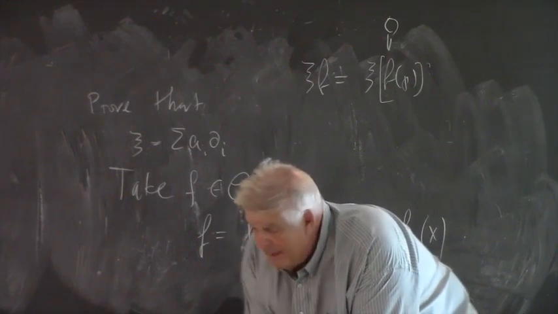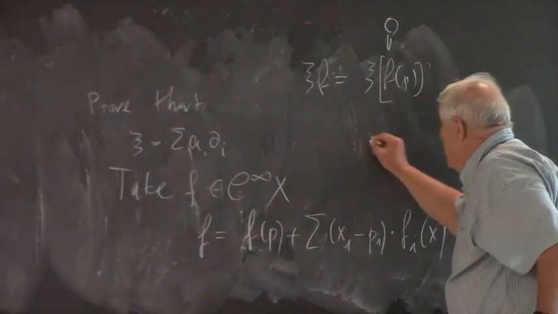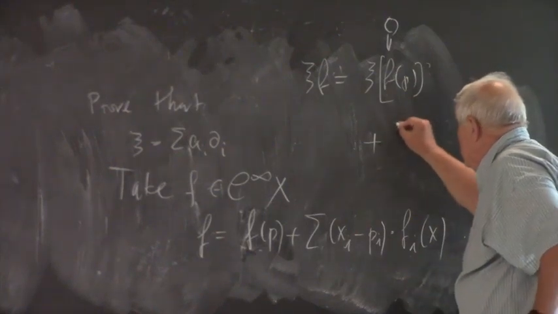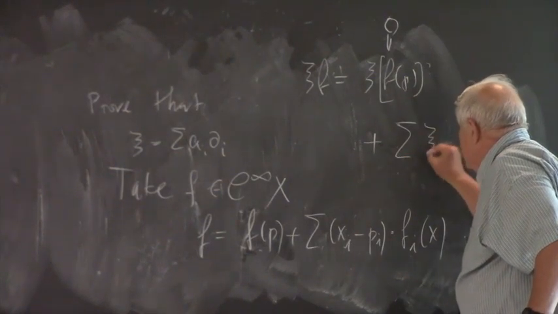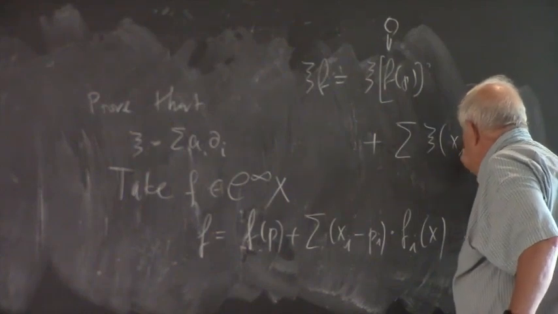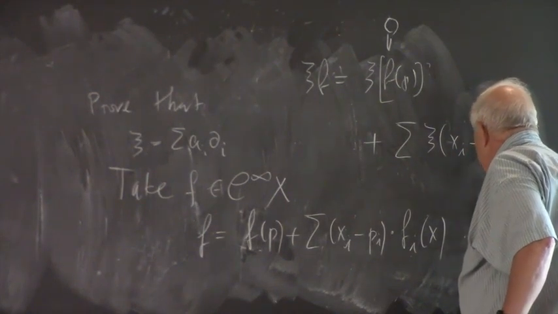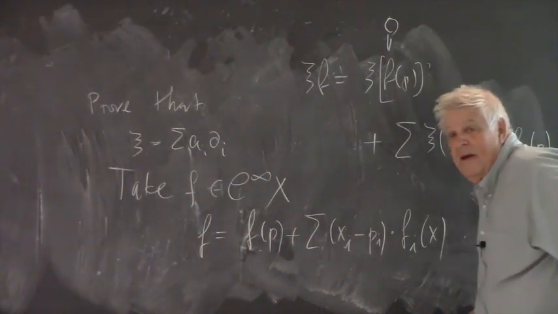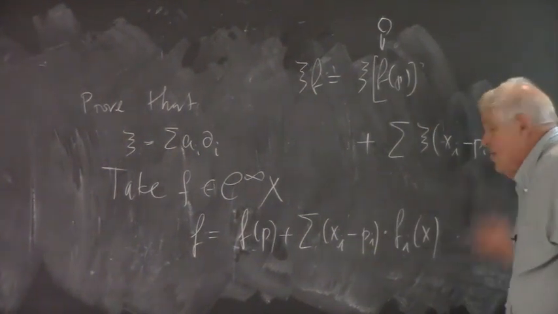Now we apply it to this sum. Sum of products. So we need to use the product rule. It will be C of xi minus pi times fi of p. This we sort of don't know much about.